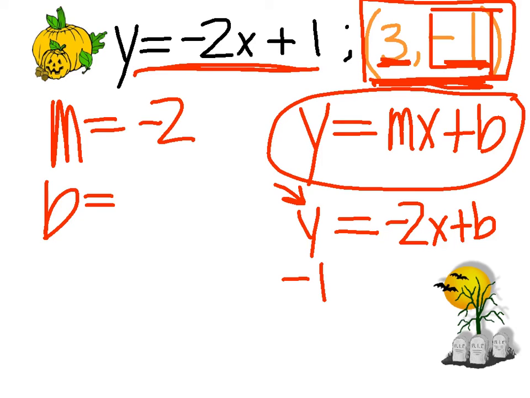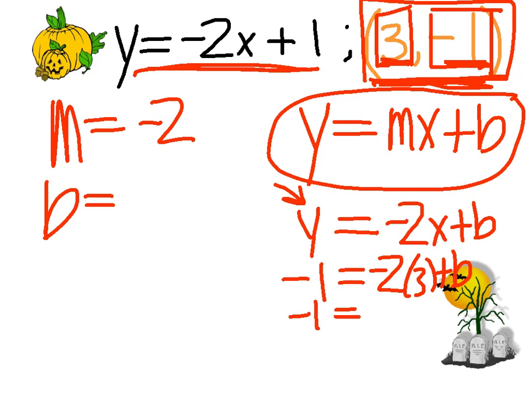Remember, your y is the number on the right. We set that equal to negative 2. We plug in our x, which is 3. And then we add b. Now we just need to solve this equation to find b. Negative 1 is equal to negative 2 times 3, which is what? Negative 6. Negative 6 plus b.